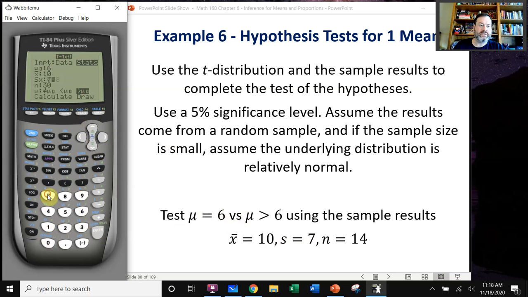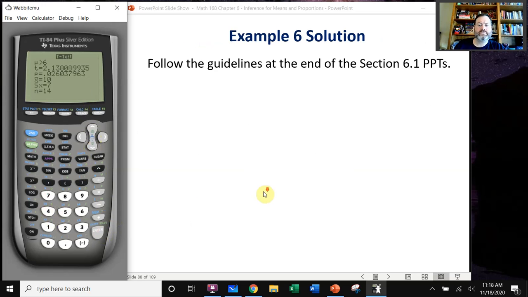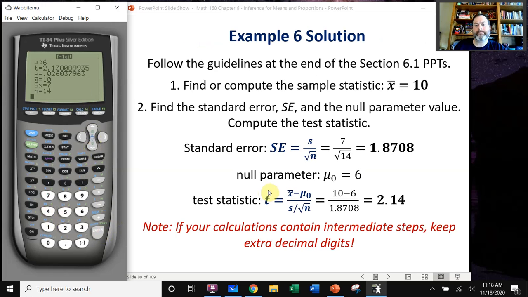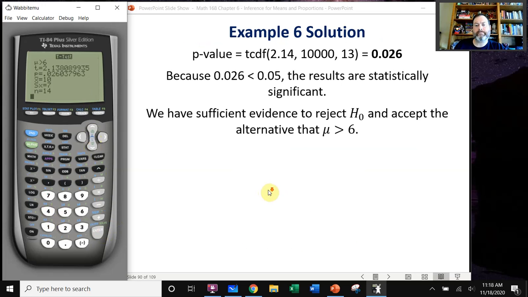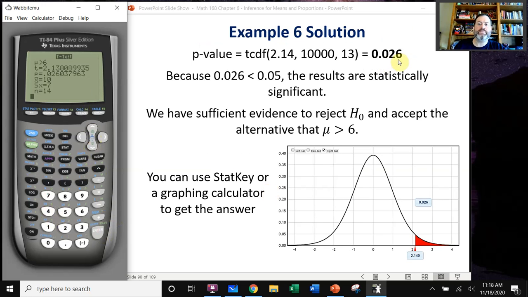S, 7. N, 14. Alternative hypothesis is greater than. And there you go. P-value 0.026. So the calculator does this stuff really fast.